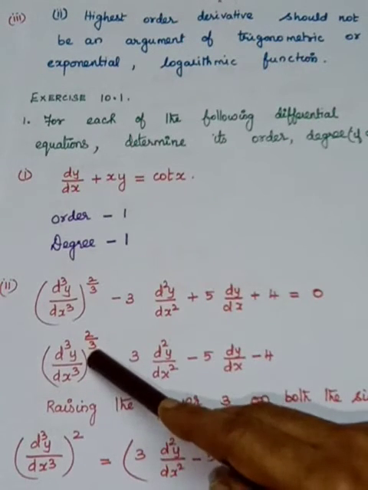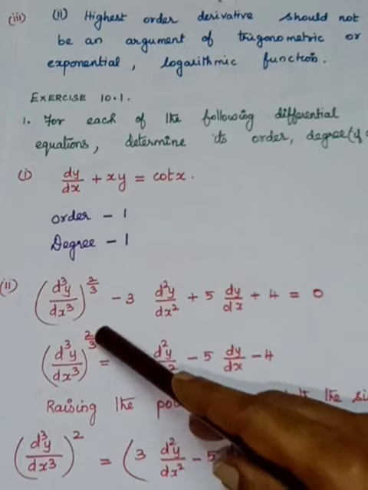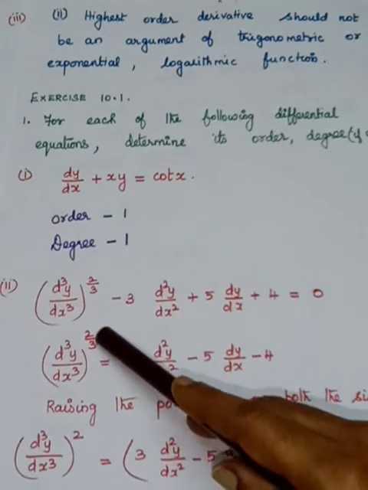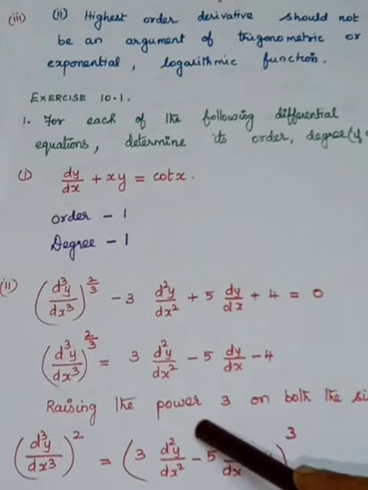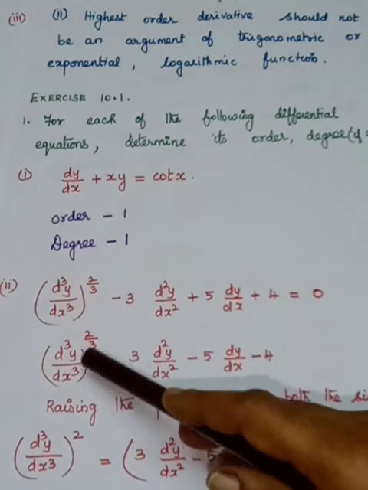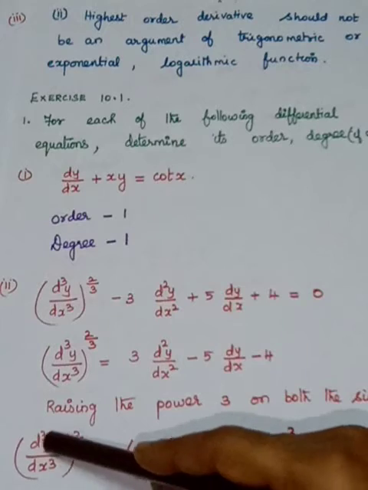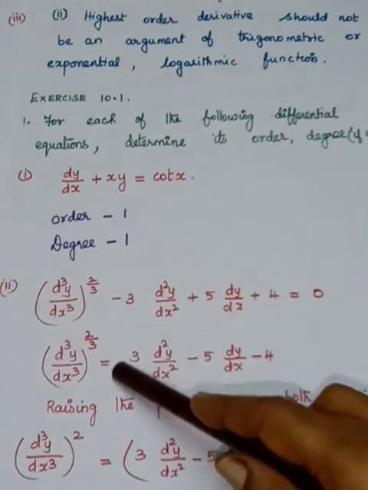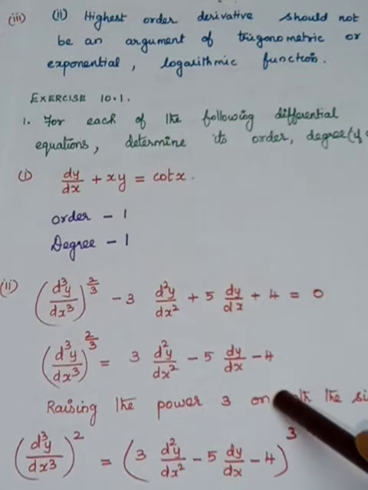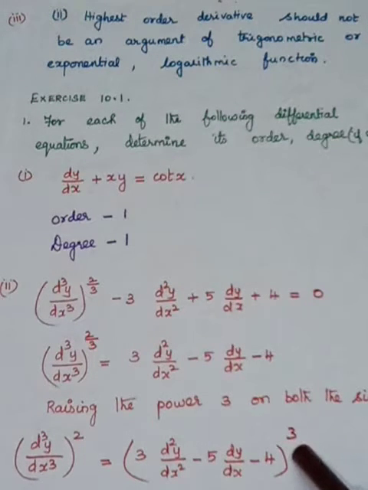Here the denominator is 3, so if you raise to the power 3, the 3 in the denominator and the numerator 3 get cancelled. So raising to the power 3 on both sides, it becomes d cube y by dx cube the whole squared, and the whole right side has to be raised to the power 3.